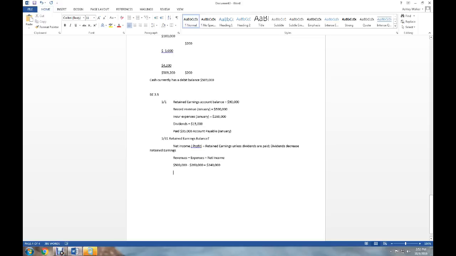Cash would decrease by $35,000, and accounts payable would decrease by $35,000. So we're going to ignore that $35,000 accounts payable payment in January. So right now, $240,000 is available to put into retained earnings.